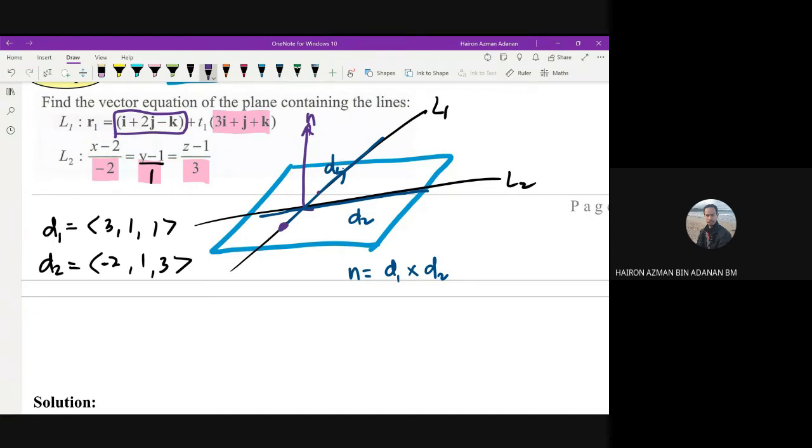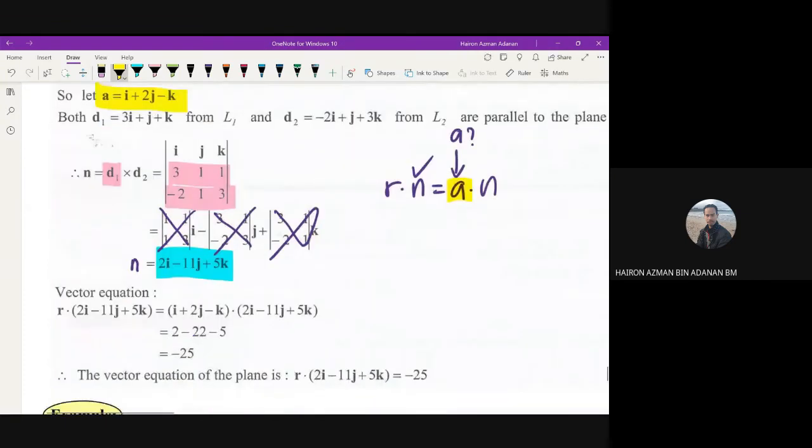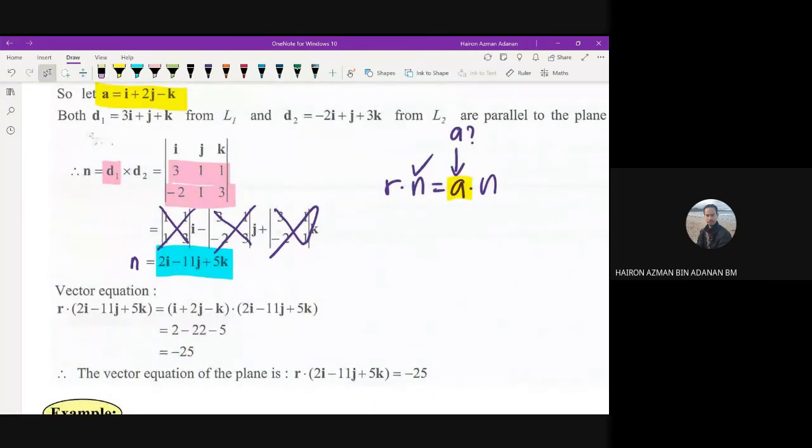Contoh, I ambil 1, 2, negative 1 kan. So, that's why, okay, I dah stay kat sini dah. Okay. So, I ambil line A dia tu adalah i plus 2j minus k. So, I just ganti sajalah. Okay. Sebab dia nak vector equation. So, R tu tak perlu ganti x, y, z lah.